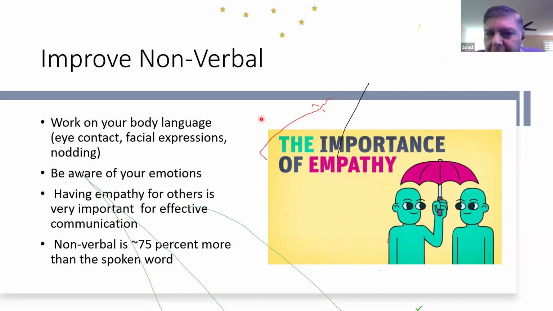It emphasizes how critical non-verbal communication is when you're talking to people. Non-verbal doesn't mean you're saying something, but it's your body language that is conveying the message. That is very critical. So remember this last bullet here, non-verbal is 75% more than the spoken word. So that basically finishes the 4 types of communication.